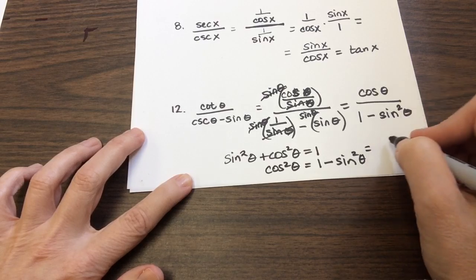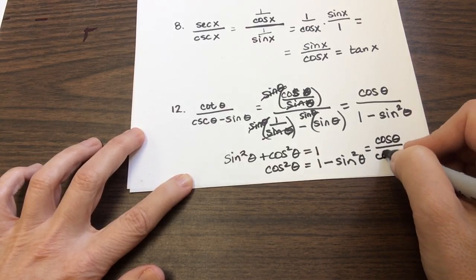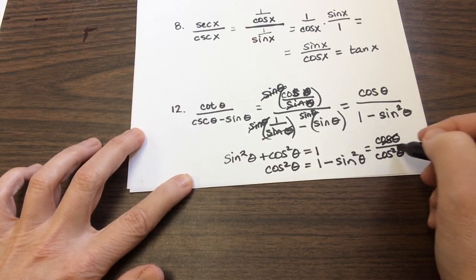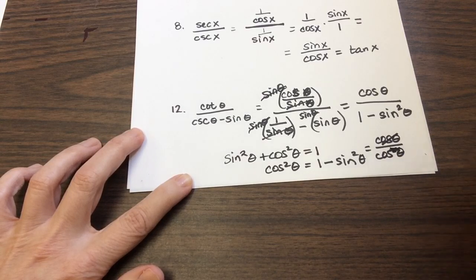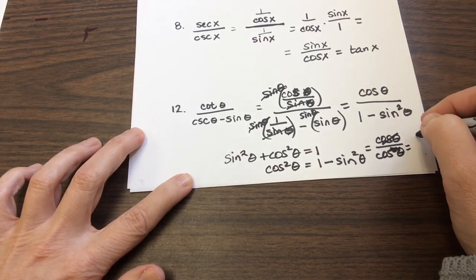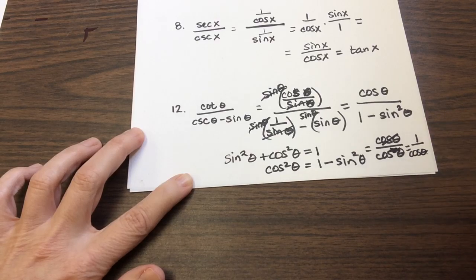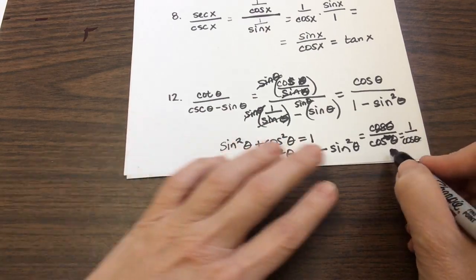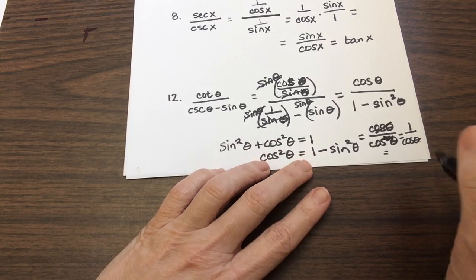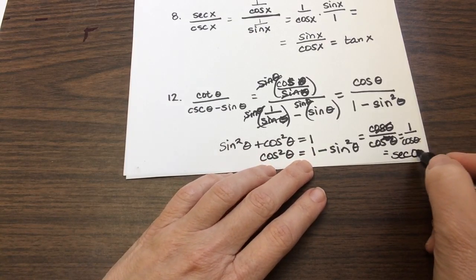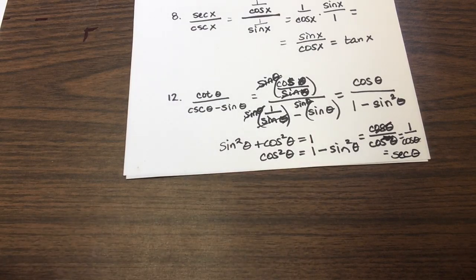So really this whole thing is cosine of theta over cosine squared theta, and I've got 1 that I can cancel with one of those on the bottom, and that's going to leave me with 1 over the cosine of theta. And I'm running out of room here, but you know that the reciprocal of 1 over cosine theta is the secant of theta. Okay?